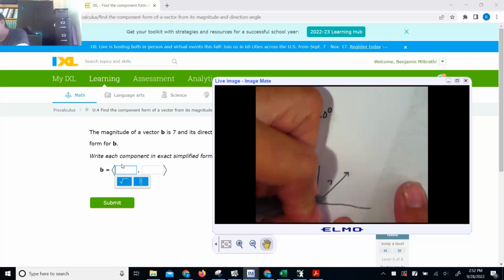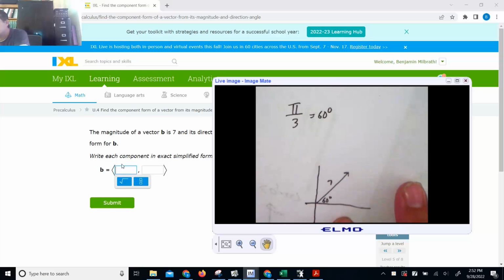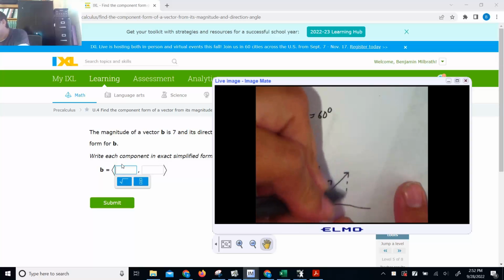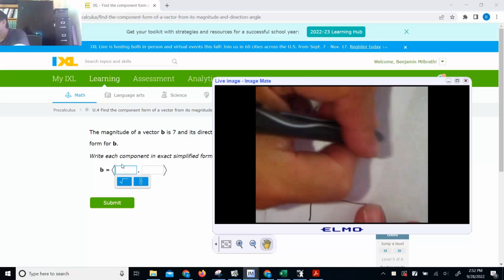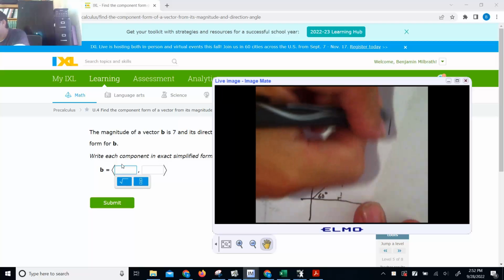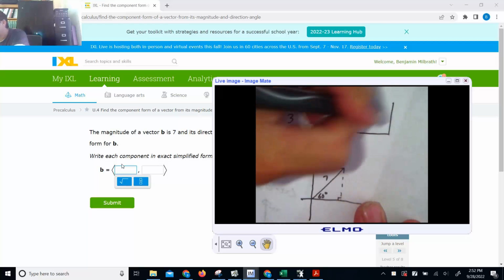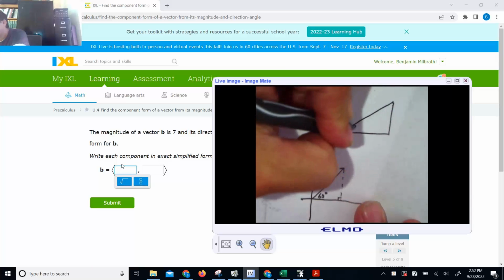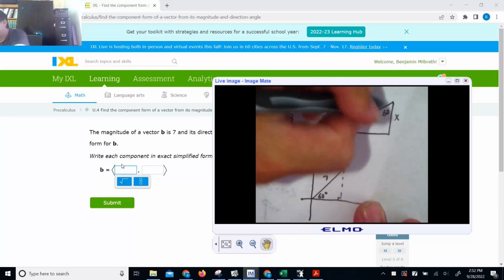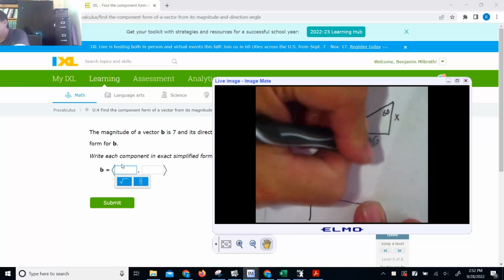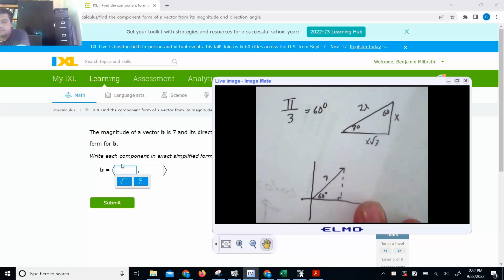The angle of rotation is 60 degrees. You could go off the side and you could do some SOHCAHTOA and stuff like that if you wanted to, but you don't have to. You're supposed to know your 30, 60, 90 theorem. I have no idea if you do or not. But opposite of the short leg 30 is the x, opposite of the 60-degree angle is the x root 3, and the hypotenuse is twice that.